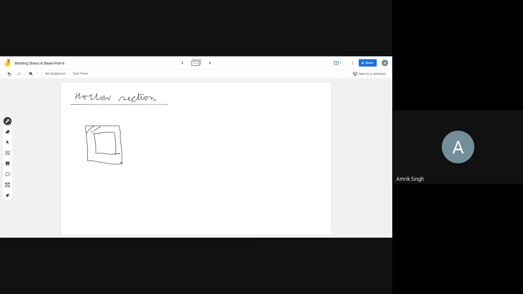So this becomes the hollow section. Okay. So if this width is B and this depth is D, and this small width is b and this depth is small d.